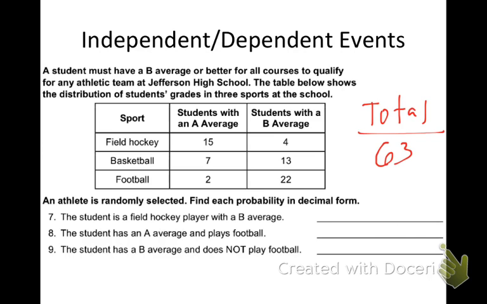So what's the probability that the student is a field hockey player with a B average? If I look at field hockey, B average, how many is that? 4. So that's 4 out of 63, which is approximately what?